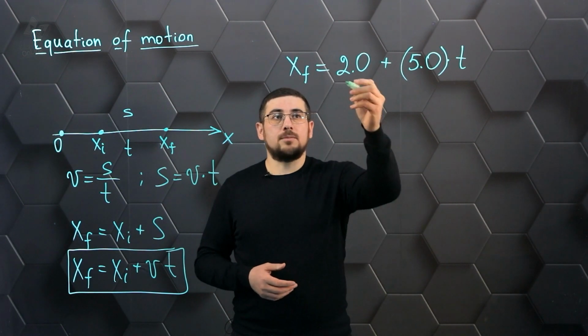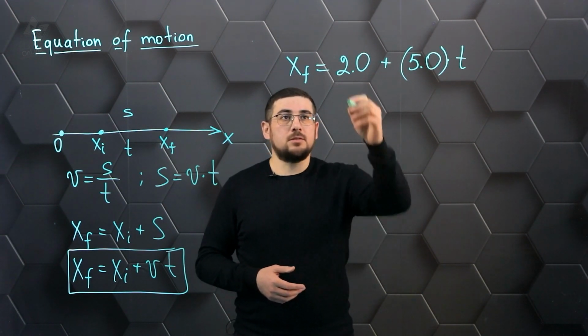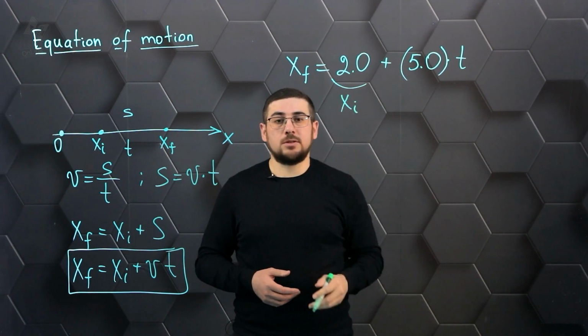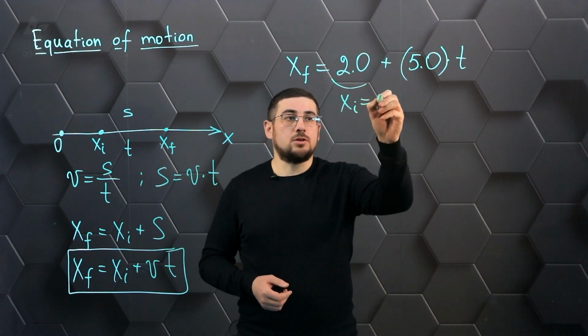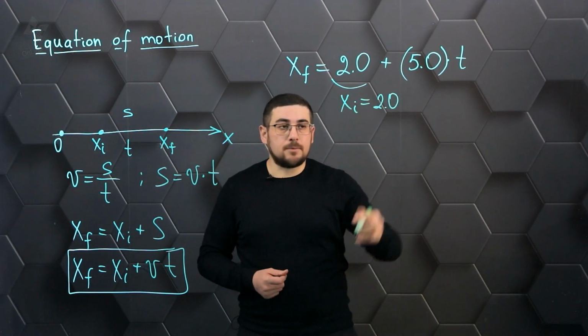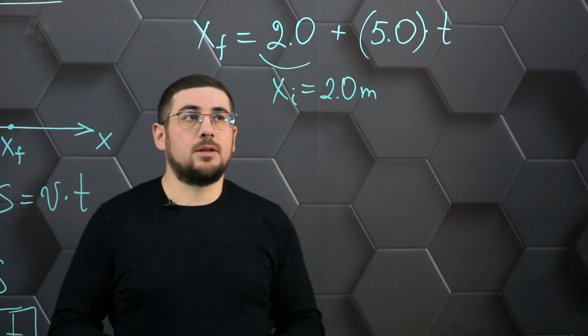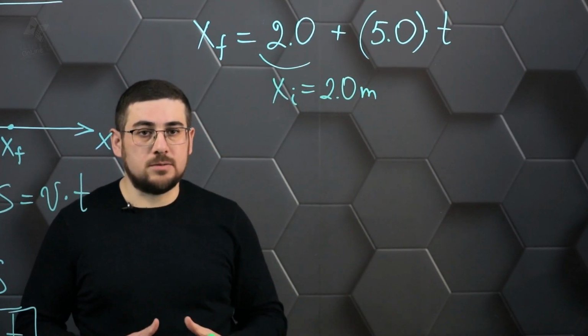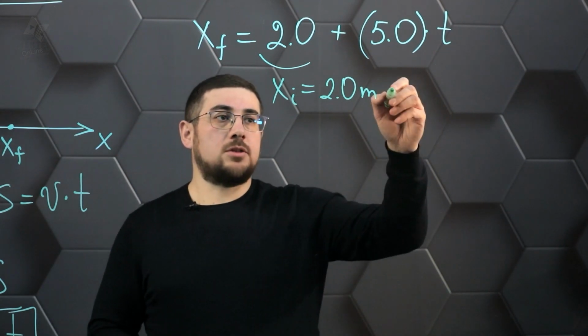The constant term in this equation represents the initial position of the object. Therefore, the initial coordinate of this body is 2 meters. Moreover, we should pay attention to the fact that by default, all values inside this equation are measured in the SI system.